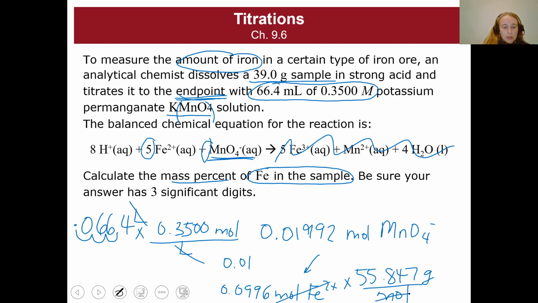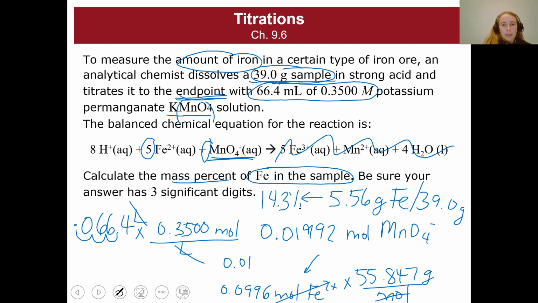So that is going to be 5.56 grams of iron in our sample, and this is our total sample. So to get the percentage, we just divide by that number. So 5.56 grams divided by 39.0 grams, and the mass percent of iron in our sample is 14.3%. Remember, when you divide, you need to multiply by 100 to get it into a percent.